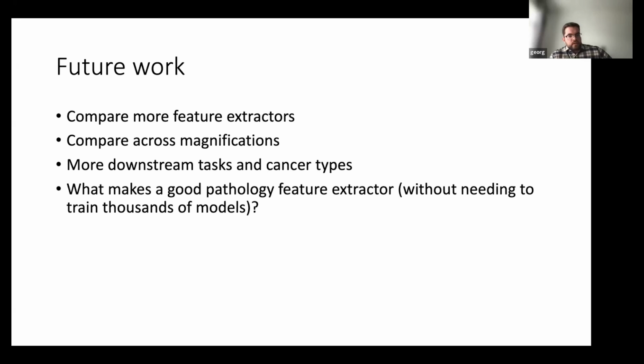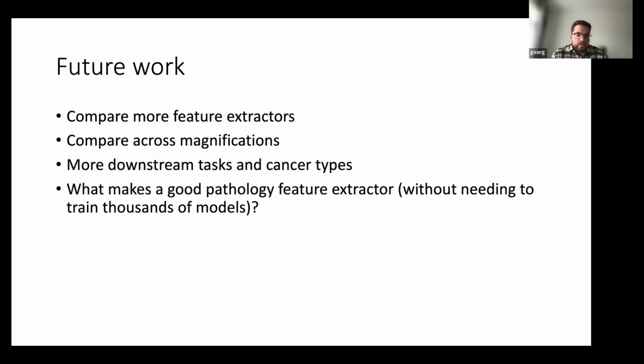We also want to compare across different magnifications. So all of the data I presented today was with a microns per pixel of 1.14, which was the default at the Kata lab, which corresponds to about 8 times magnification. But now I reran most of the experiments again with 20 times magnification.